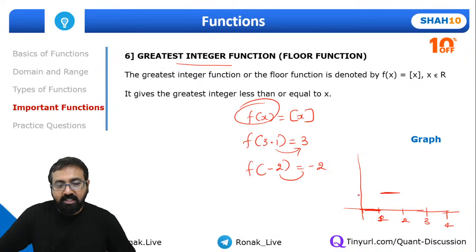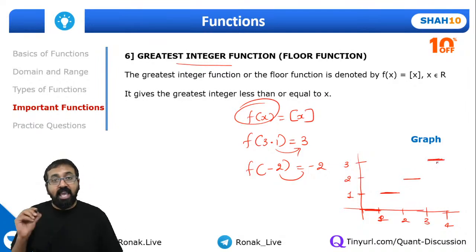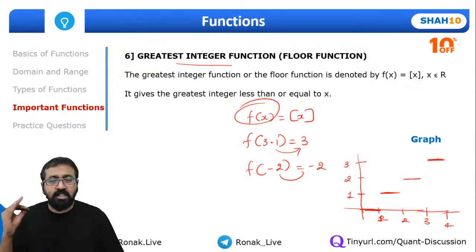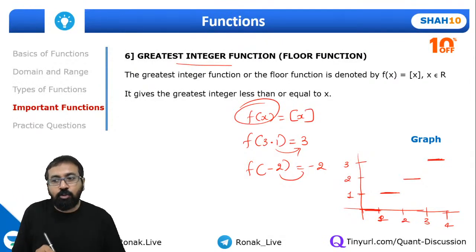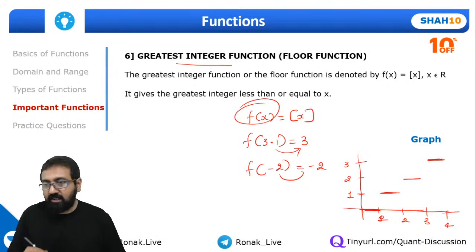Between 2 and 3, f of x will come out to be 2. Between 3 and 4, f of x will come out to be 3. If you take any value between 3 and 4, say 3.1, 3.2 up to 3.99, the greatest integer value will always be 3, right?